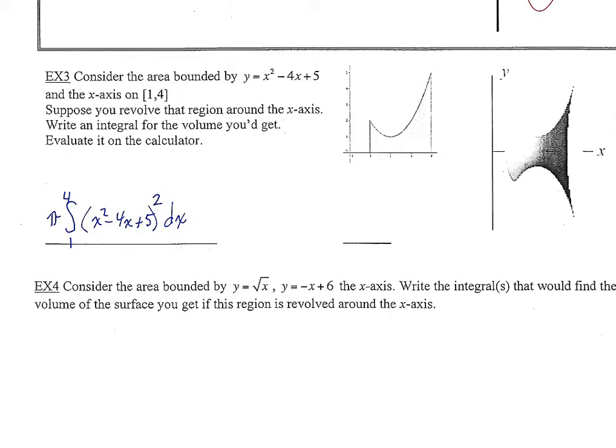Fortunately, you have a calculator, so you take this piece here, the f of x squared, and you put that into your calculator as y1. Once you have that in your calculator, you can simply find the integral of that, which would be second calc, and then the seventh option, which is the integral of f of x, and you do lower bound of 1, upper bound of 4.